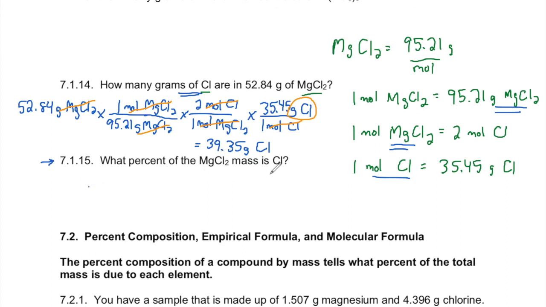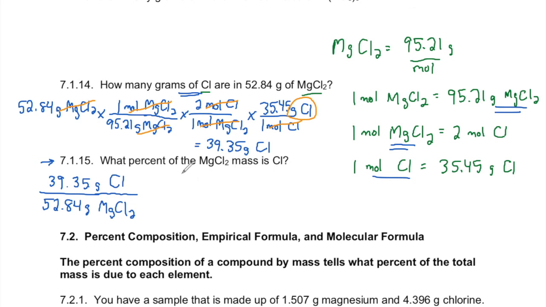So if we have figured out that there are 39.35 grams of chlorine in every 52.84 grams of magnesium chloride, we can use that to figure out the percent by mass. So out of the 52.84 grams of magnesium chloride, we just figured out that 39.35 grams of that mass is chlorine atoms.